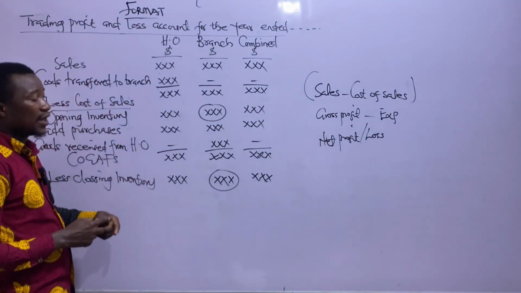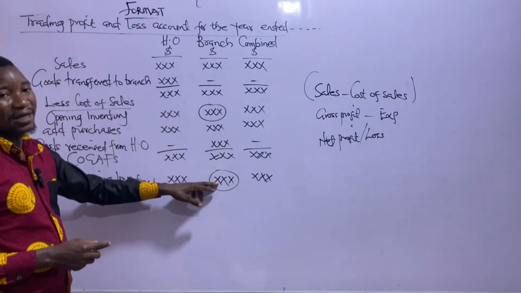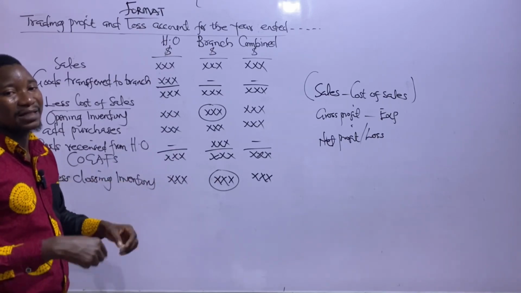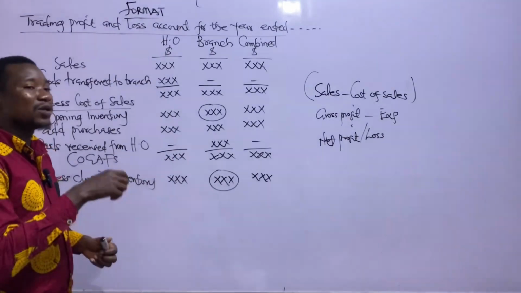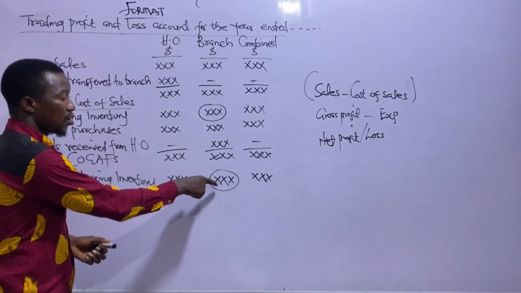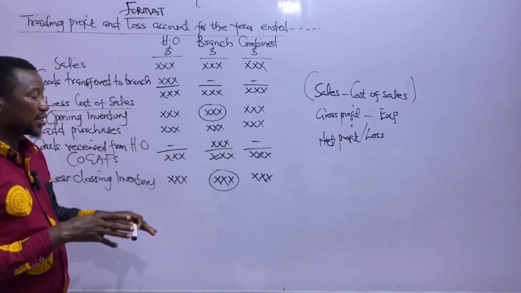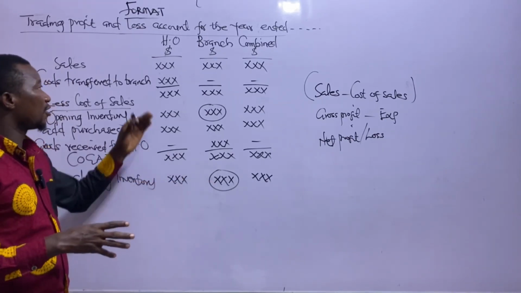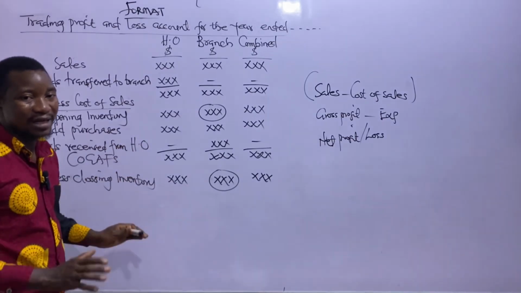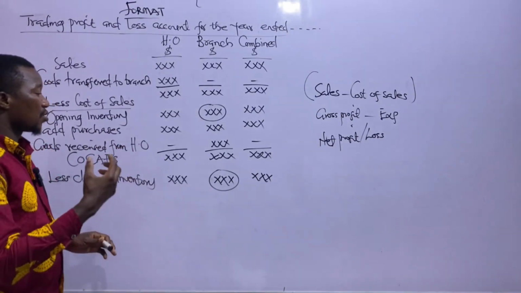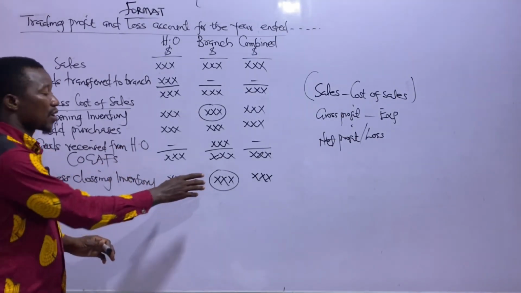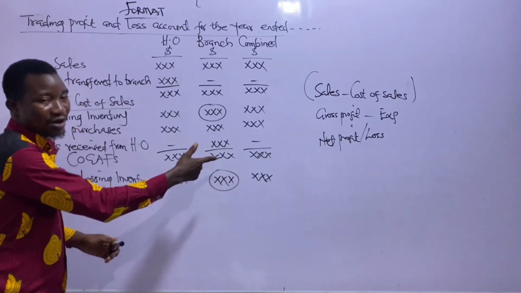The reason is that if these goods are transferred at selling price and there is a remaining balance at the close of the period, there would be an unrealized profit on this closing inventory. There would be a profit margin on this closing inventory that the head office has not yet realized. Because of that, we have to calculate provision for unrealized profits, then we subtract it out.